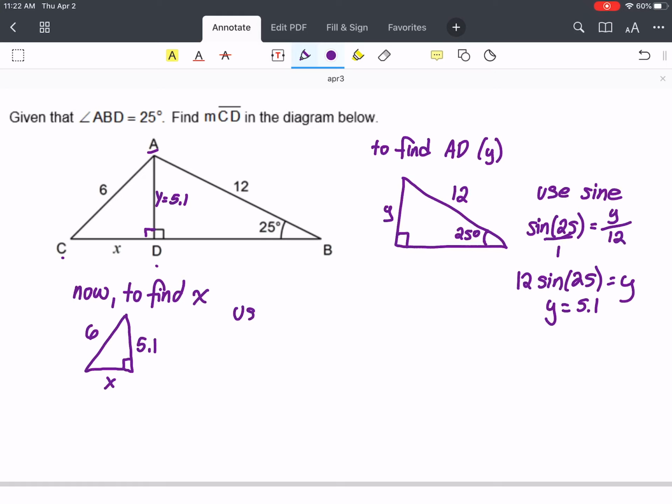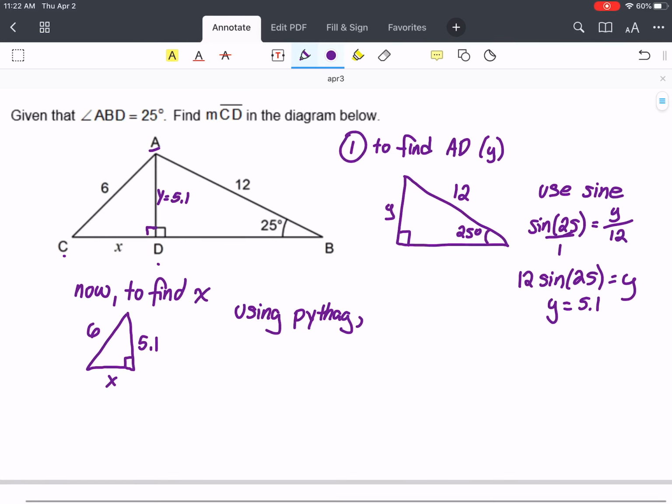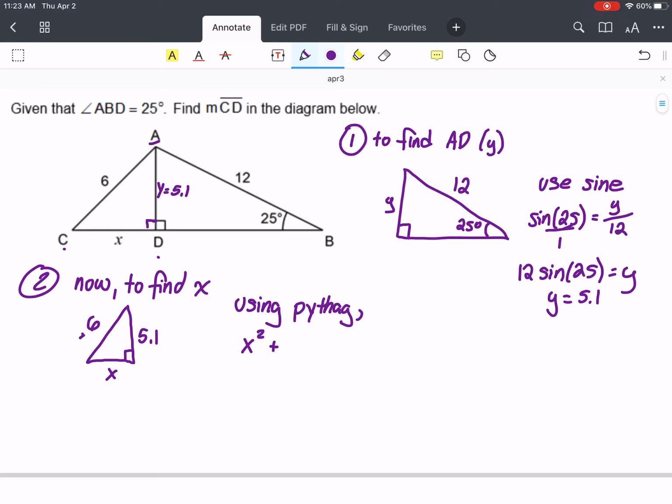So using Pythag, so this is step 2. Using Pythag, we know that x squared, so this is the hypotenuse, right? The 6, because it's the longest side, and it's the side that's across from the right angle. So x squared plus 5.1 squared is equal to 6 squared.